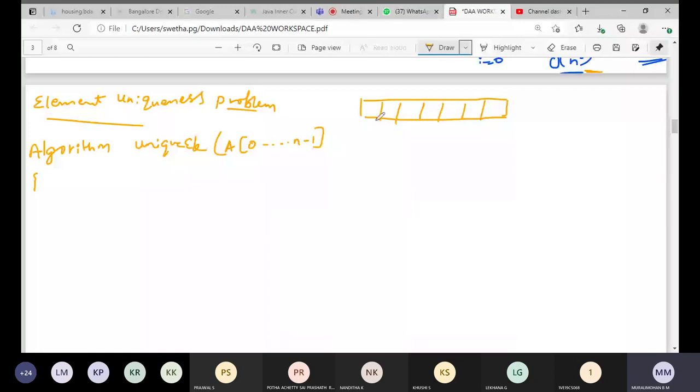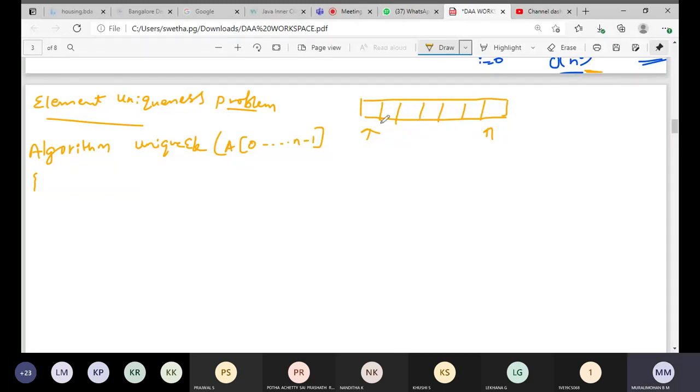How to check? I should iterate through the array, then only can I say whether an element is repeating or not. If it is repeating, we can say it is false, there is no uniqueness in the elements of the array. Else it is true, meaning all the elements are distinct.